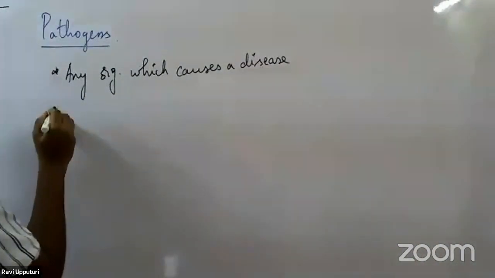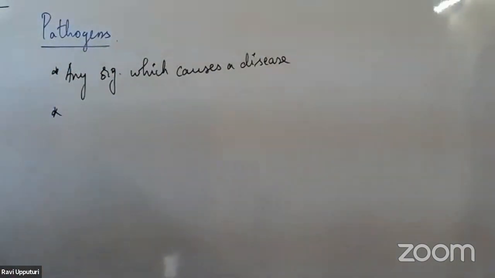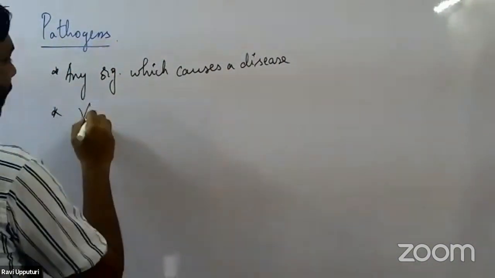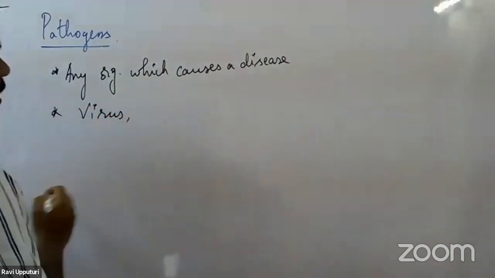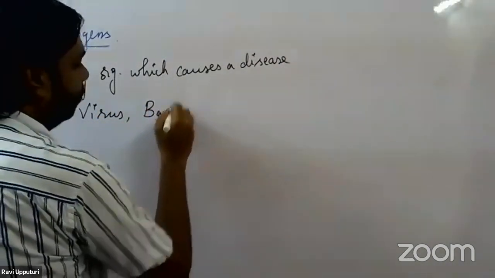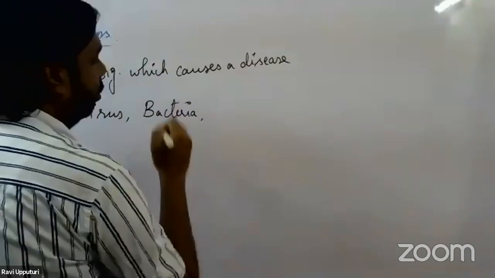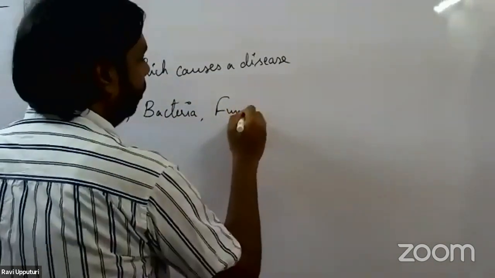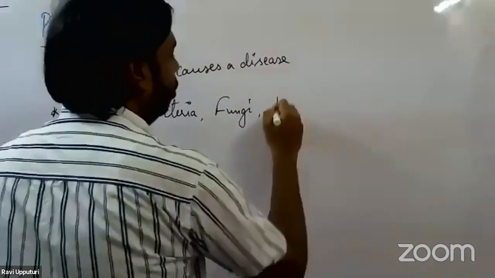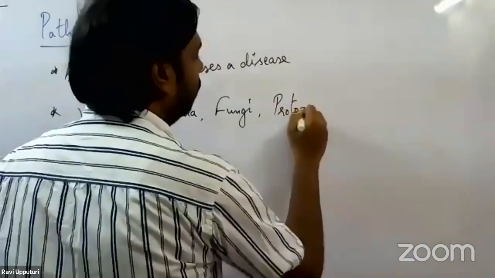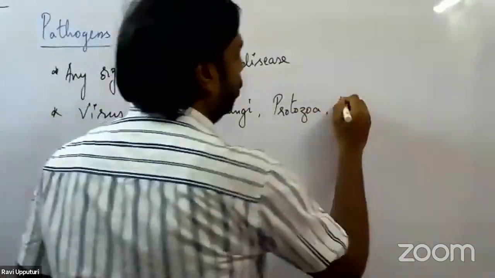All of those organisms which cause diseases would belong to either the virus group, or bacteria, or fungi, or protozoa, or it could be a helminth.